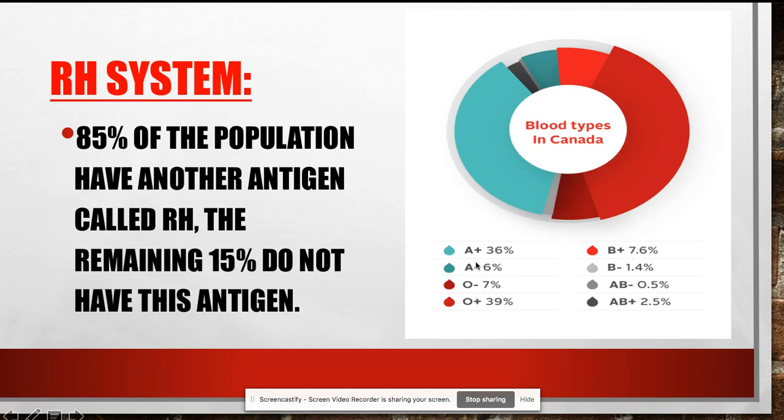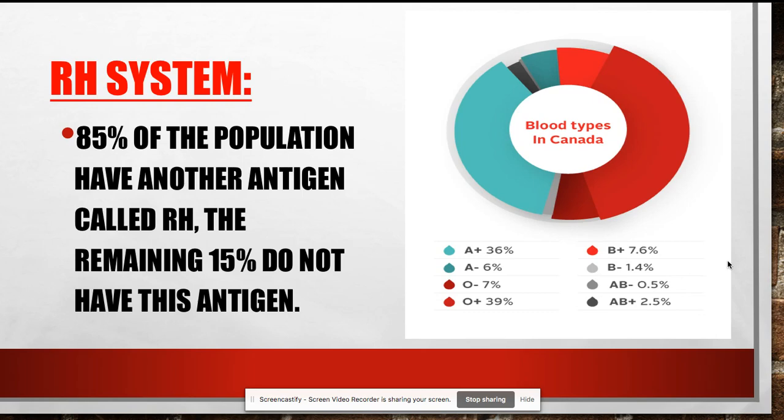I have A blood here. Only 6% is A negative, whereas a much larger number of 36% is A positive. Same with O neg, B, and AB as well. Now, AB blood is the most rare type of blood.